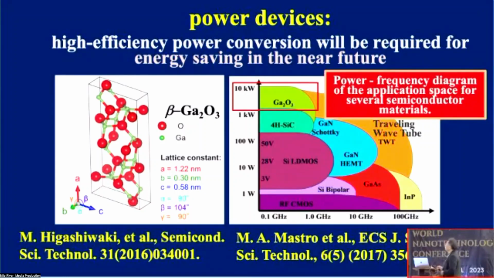And the right-hand side figure shows a power frequency diagram of the application space for several semiconductor materials, such as silicon carbide, gallium nitride, gallium oxide, gallium arsenide and indium phosphide.